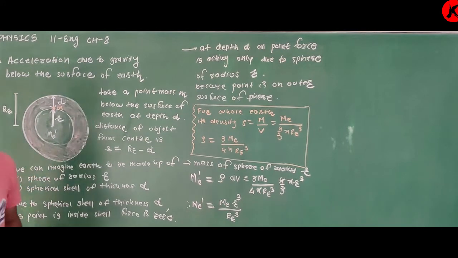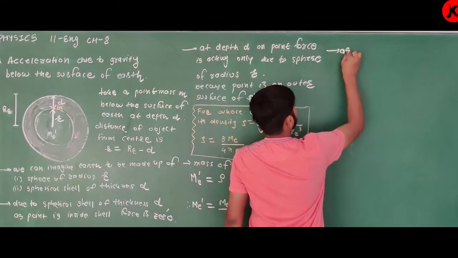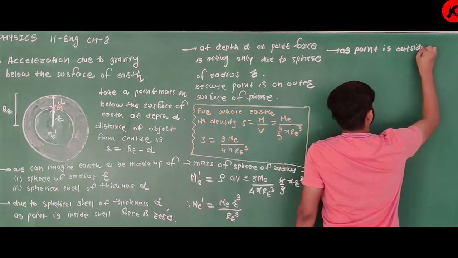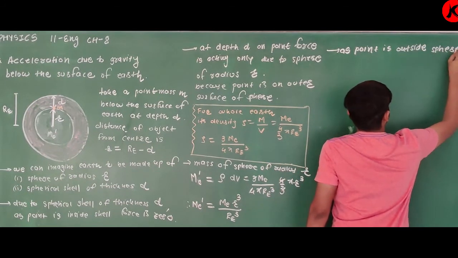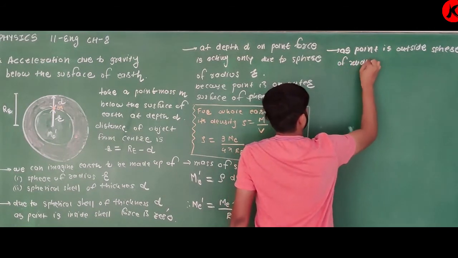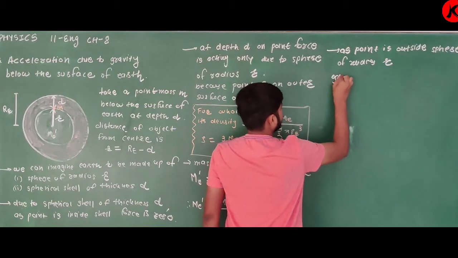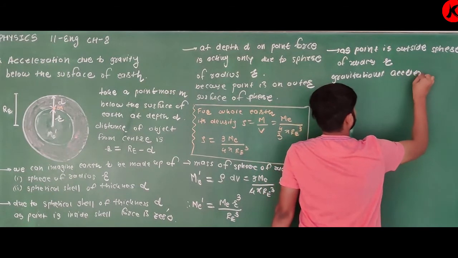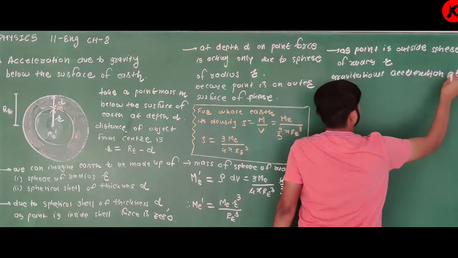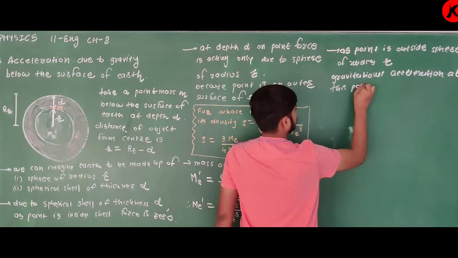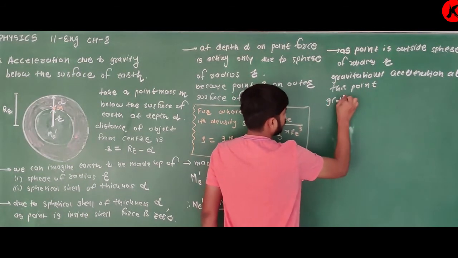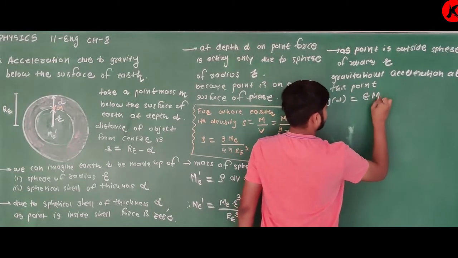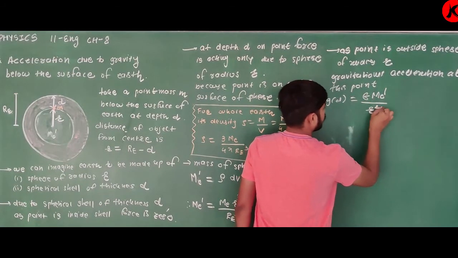As this point is outside this sphere, we know the equation of gravitational acceleration. As the point is outside the sphere of radius r, the gravitational acceleration at this point, Gd, is equal to G ME dash upon r square.